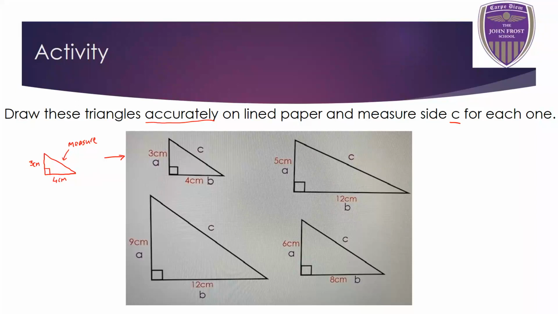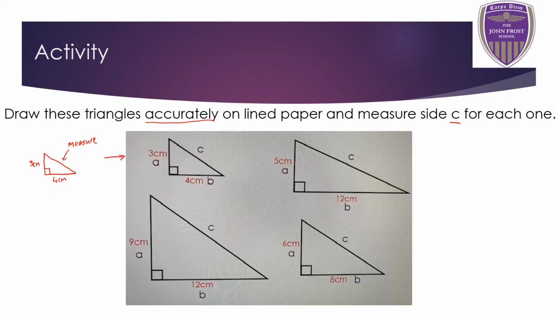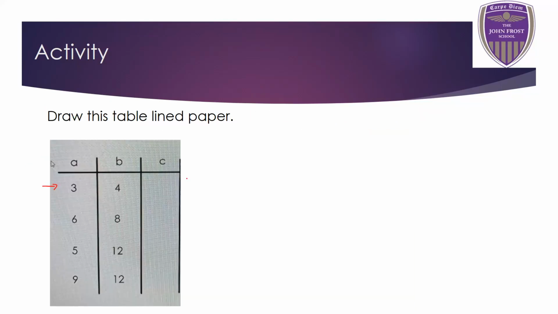Now, when you've done that, I want you to record your information in a table. So you also need to draw this table. Once you've done it, you can see that this top line here refers to the sides from the diagram, which are A is 3 centimeters and B is 4 centimeters.